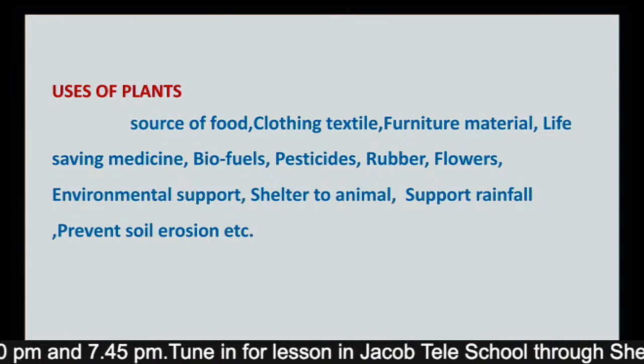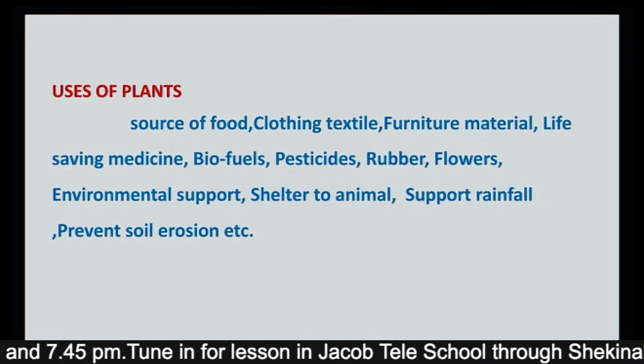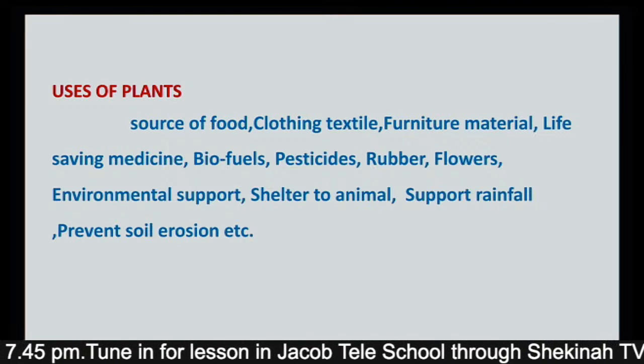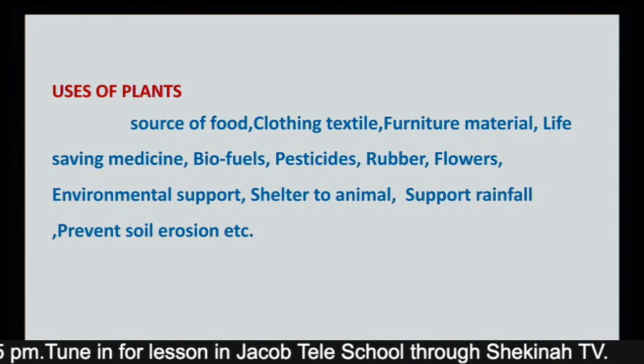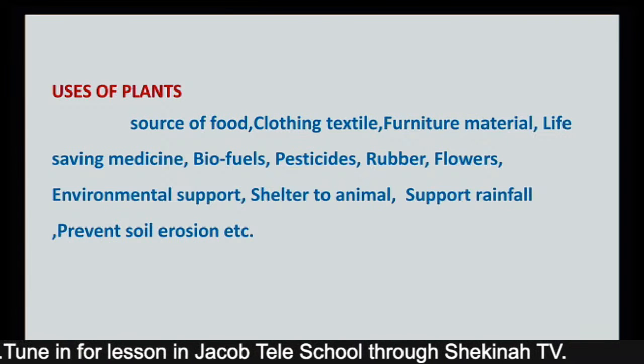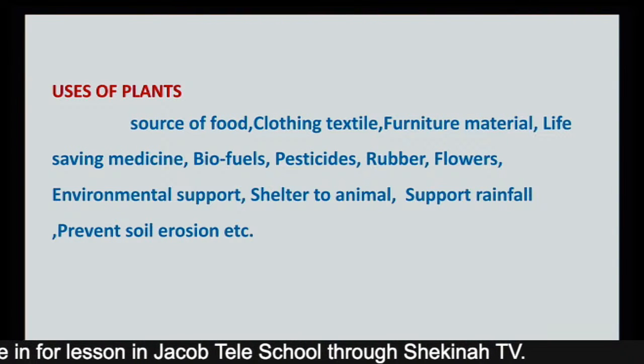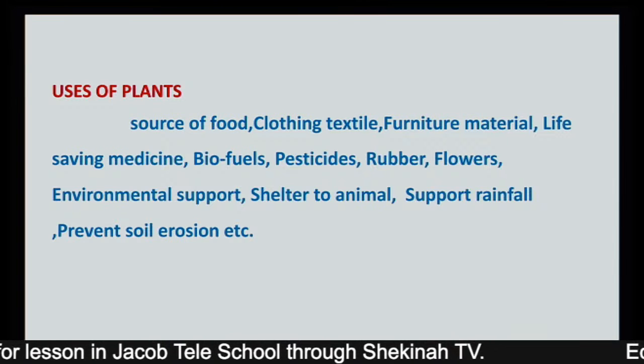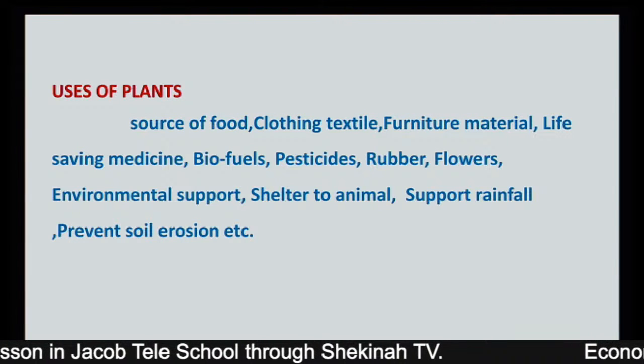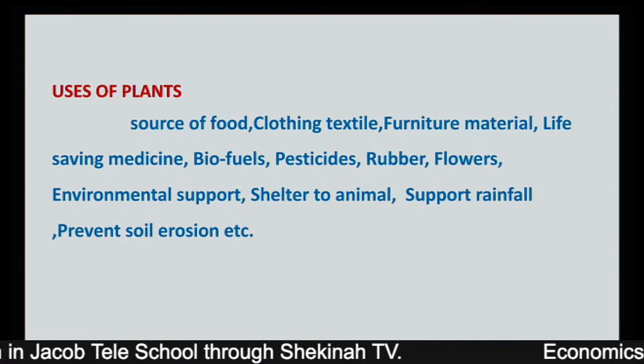We get rubber from the rubber plant, and some flowers are used to prepare perfumes. Plants support the environment, give shelter to animals, support rainfall and prevent soil erosion. So these are the uses of plants.